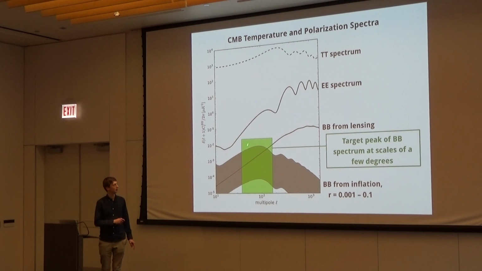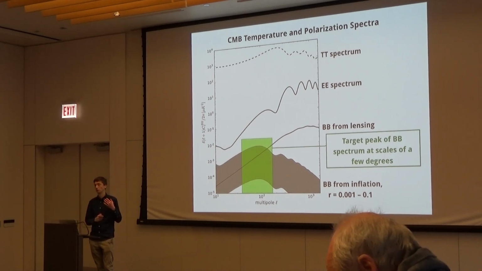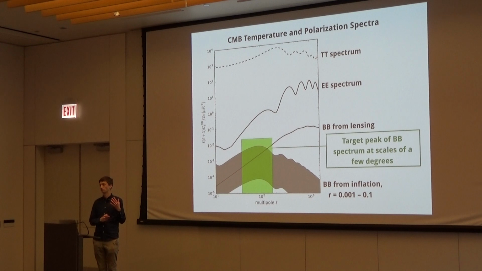And so by targeting this area and going very, very deep in a small region of the sky, that leads to an experimental design where you don't need high angular resolution. You're talking about a signal at fairly large angular scales. What you do need, as you can see from the number of orders of magnitude on this y-axis, is a large amount of instrumental sensitivity.